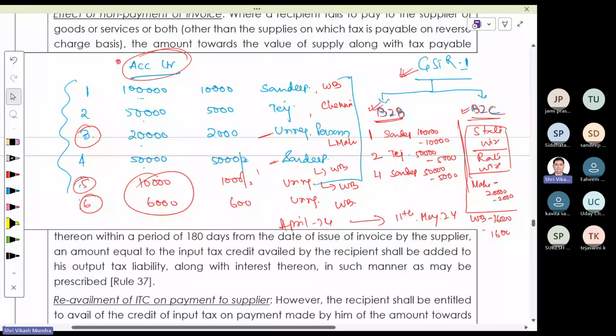That means to claim ITC, Sandeep is supposed to possess that document. That's fine. But a few conditions are required to be fulfilled by the supplier of the goods or services. Sandeep has nothing to do with this criterion. But if ACC Limited fails to fulfill that condition, Mr. Sandeep is not eligible to claim credit for this.